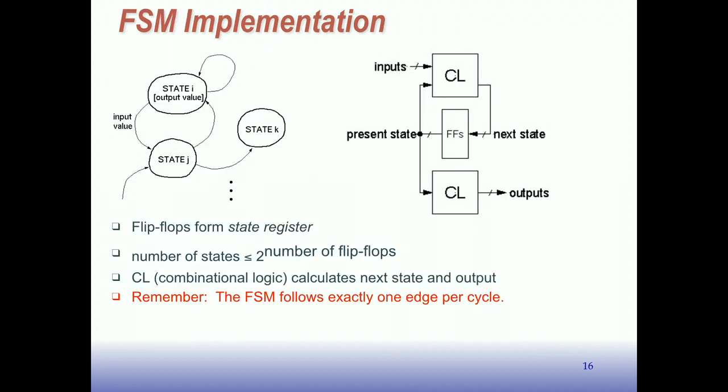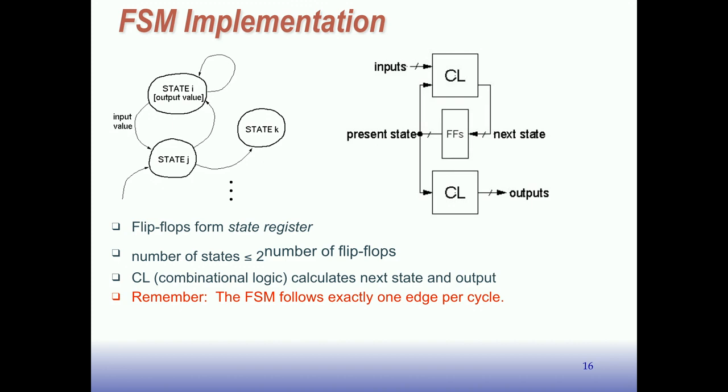The implementation of these circuits looks like this. If we have this type of state diagram, what do we need to do? We need some way to represent which state the machine is in. So we have some flip-flops, a register here, which we use to hold the present state of the machine, and I labeled it present state here.